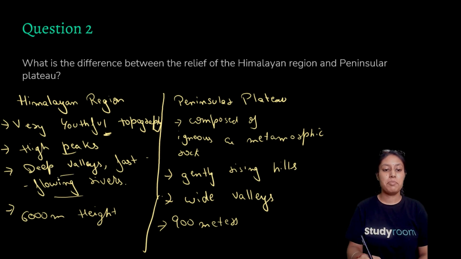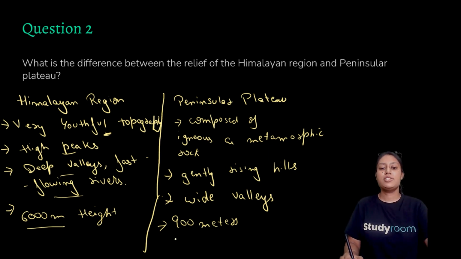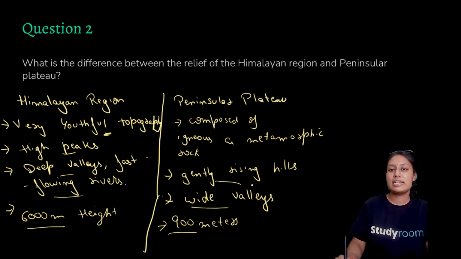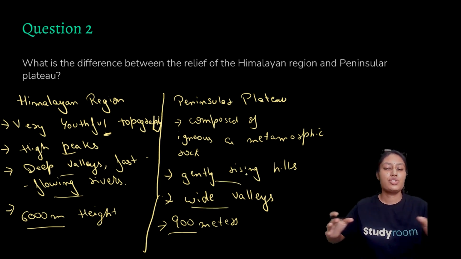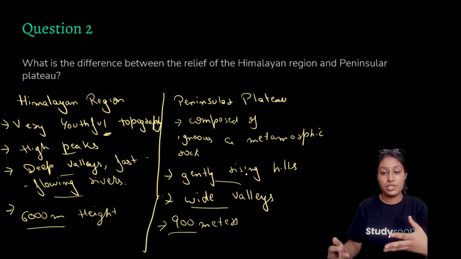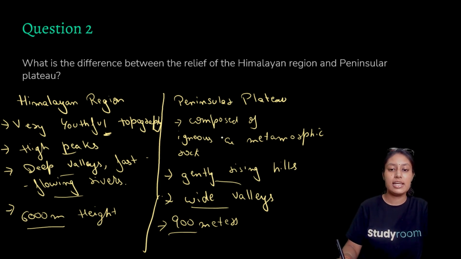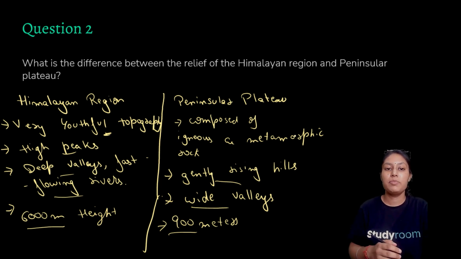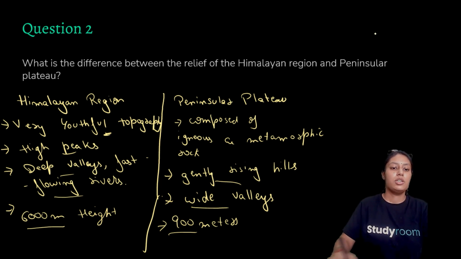The height there is 6,000 meters, whereas the height of the Peninsular Plateau is just 900 meters. It has wide valleys and gently rising hills, and is composed of igneous and metamorphic rock. So these are the major differences between the Himalayan region and the Peninsular Plateau.